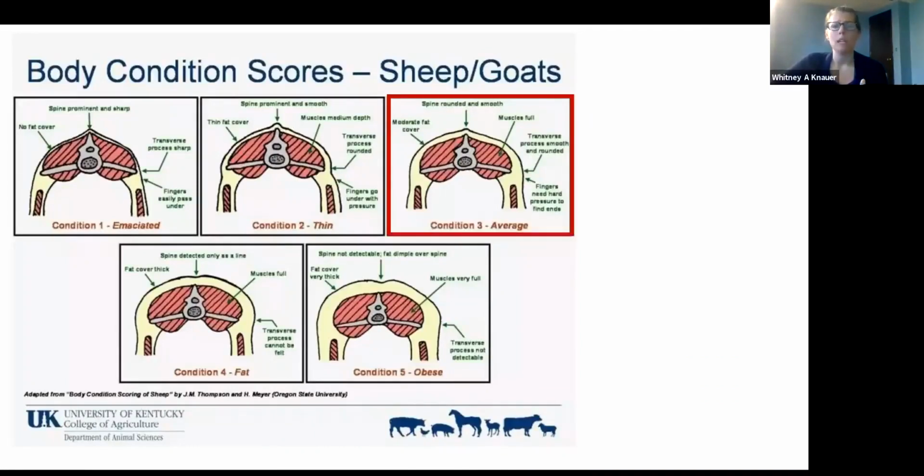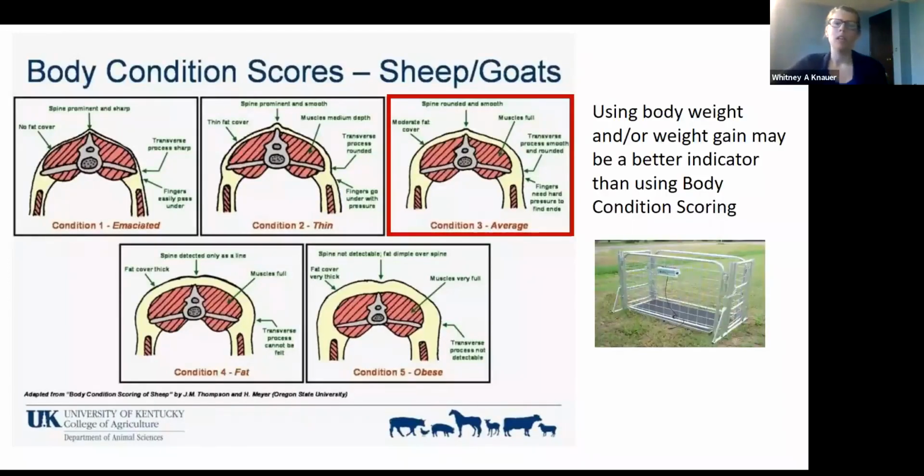So again, body condition scoring, we want those animals to be sitting right about average. And that's pretty much true for any time in the production cycle. Certainly we might have animals that are in late lactation that we might have a little less condition on. But certainly we want to keep them right around a 3.